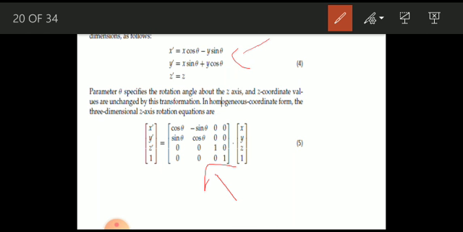So when you perform the calculation, you would again end up getting the equations defined above. This is when we talk about the rotation with respect to the z-axis.